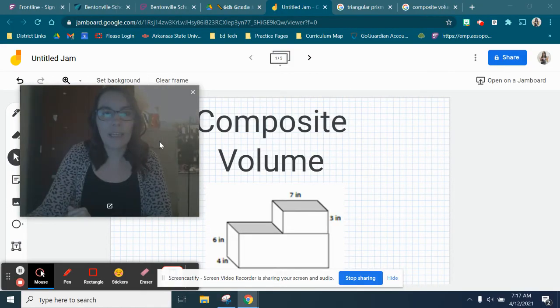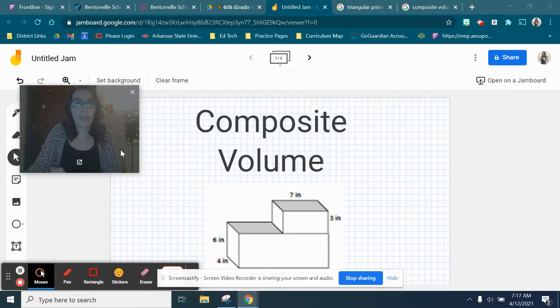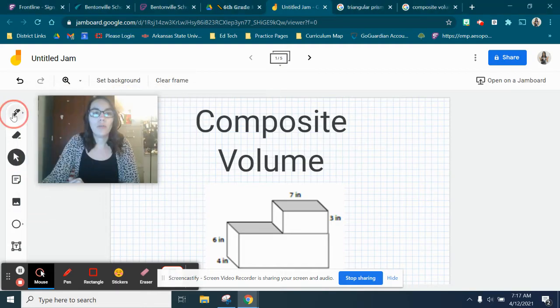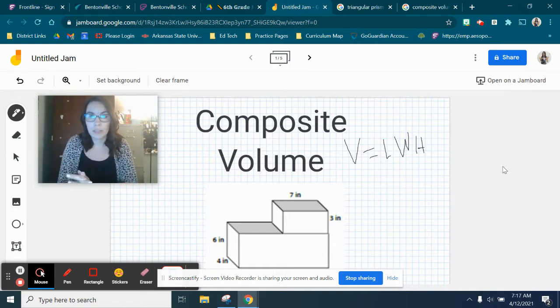So the first thing that was asked was, what is your volume formula? Hopefully you remember that volume equals length times width times height in a rectangular prism. When you start learning about triangular prisms, cones, spheres, and cylinders, they will have their own formulas.